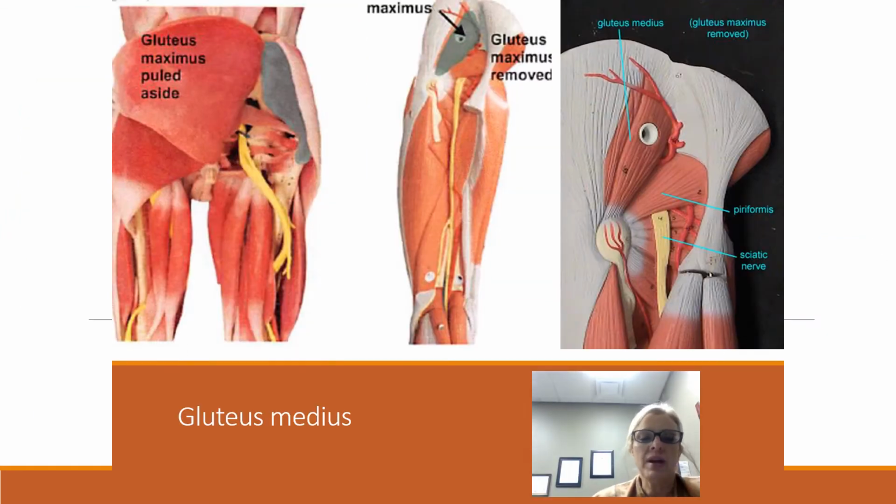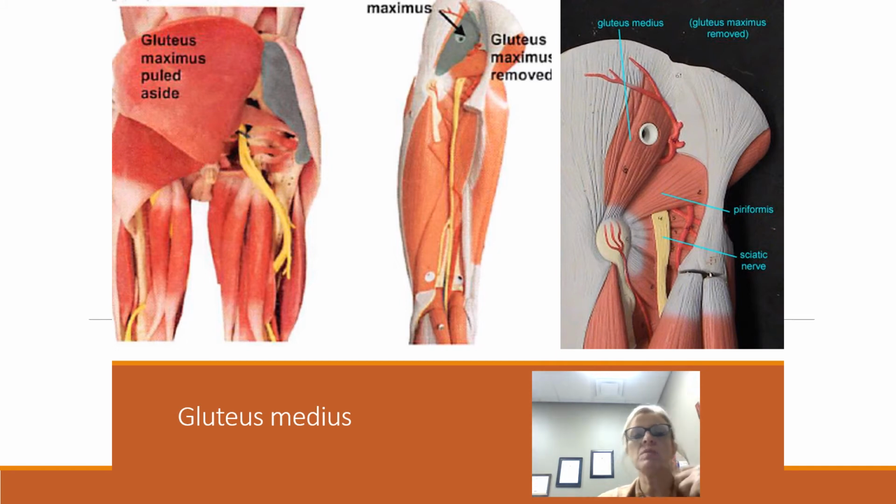All right, so now we have the gluteus medius, and it says medius, so it must be in the middle, right? So this is going to be superior to the gluteus maximus and inferior to the, superior to the gluteus minimus, inferior to the gluteus maximus.